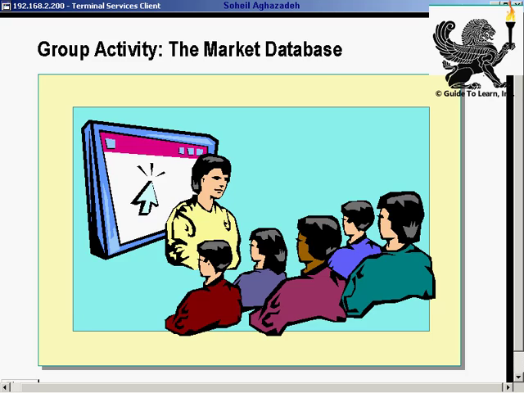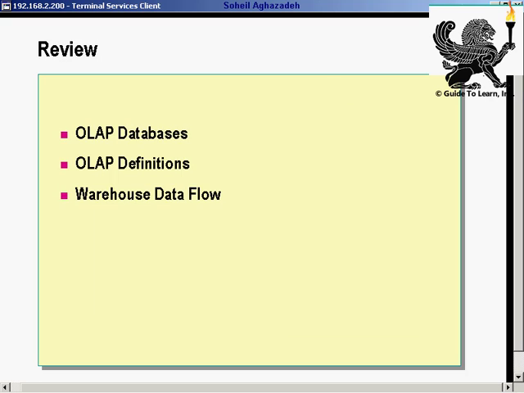The rest of the course has some labs and also some talks regarding MDX and specifically this particular market database. So we basically finished the first chapter of this course, 2093, and as you see, we discussed OLAP databases. We compared them against OLTP. We talked about the terminologies and definitions of OLAP, and also I showed you the warehouse data flow.